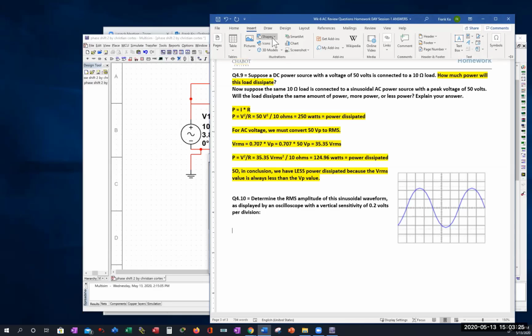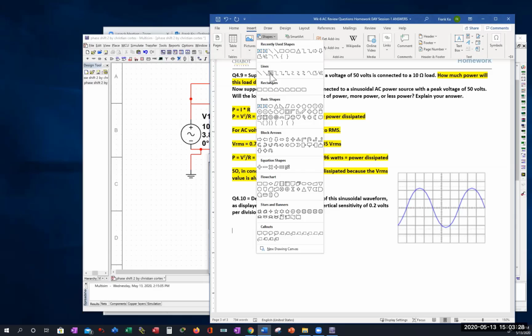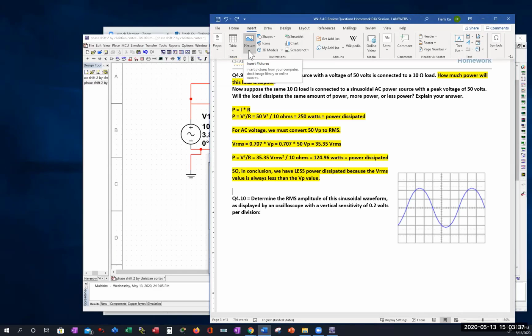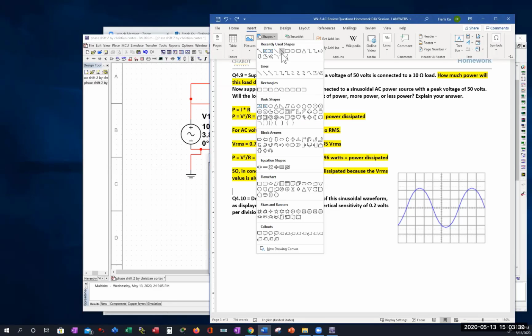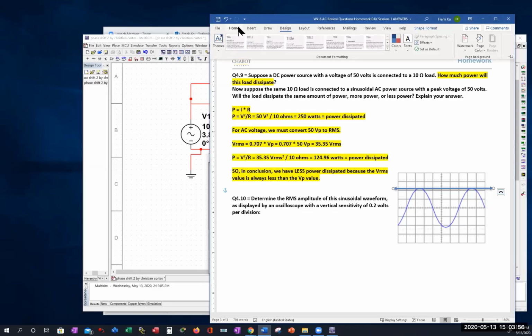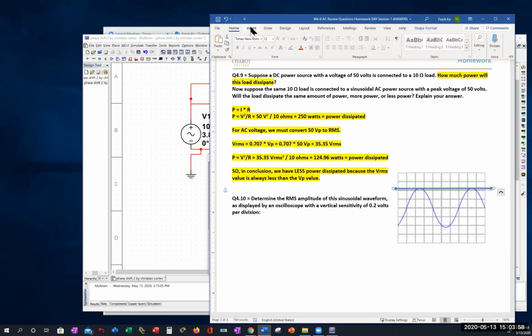We'll have to find the voltage peak first. All right, so it's going to be 2.2 times 0.2 volts in order to find the V peak.